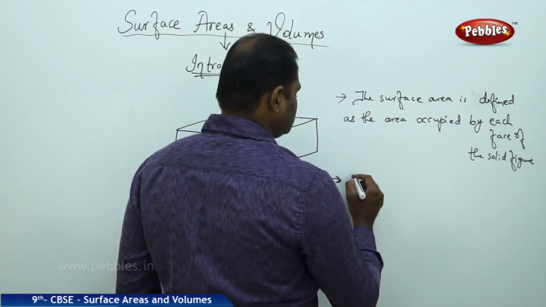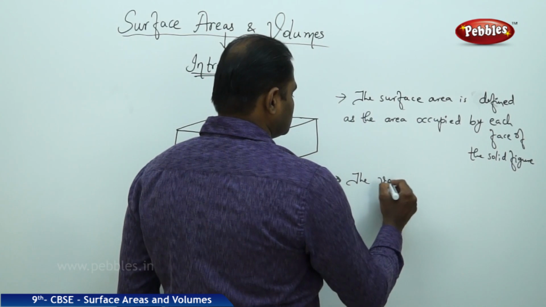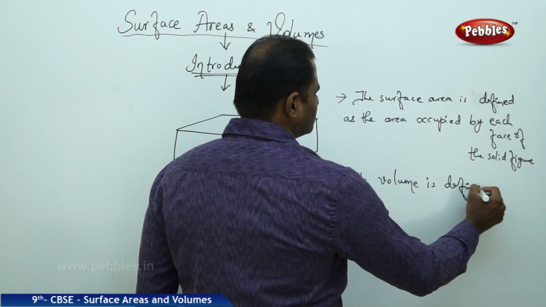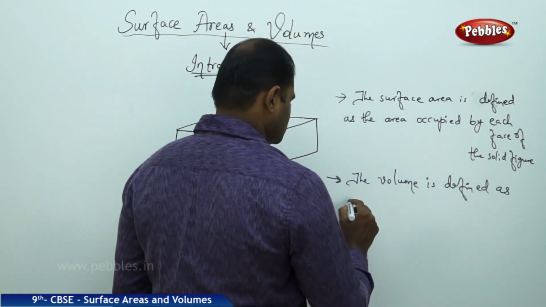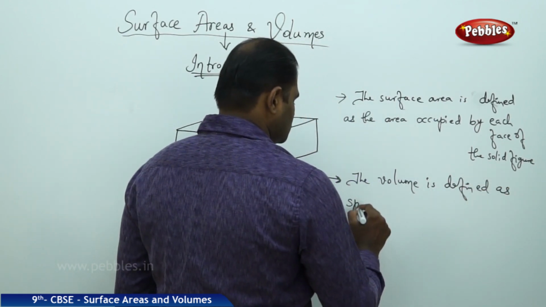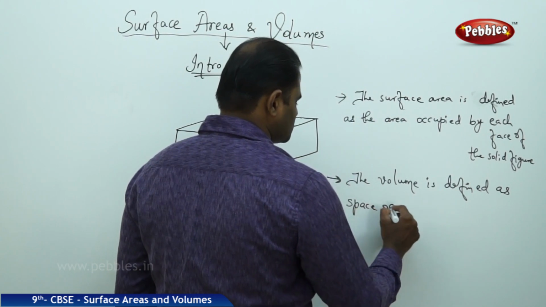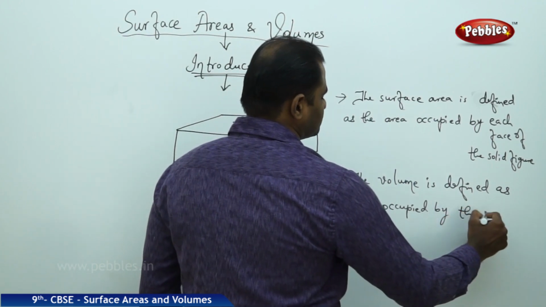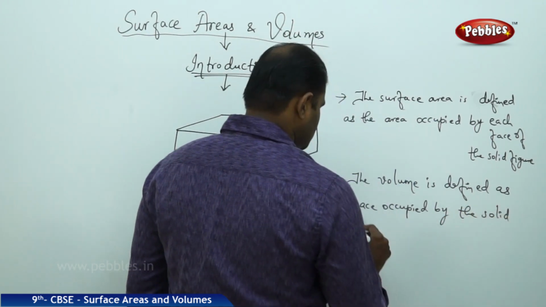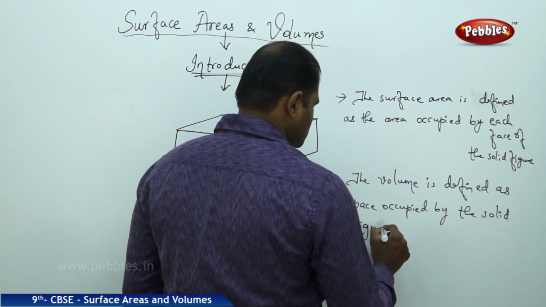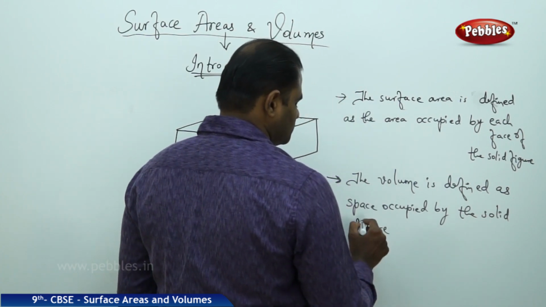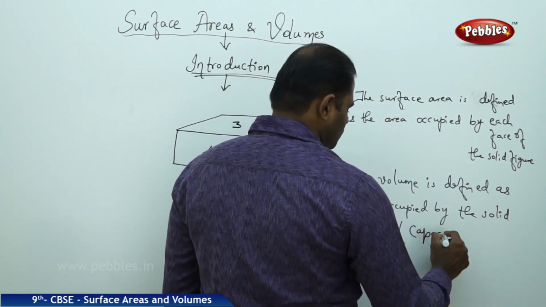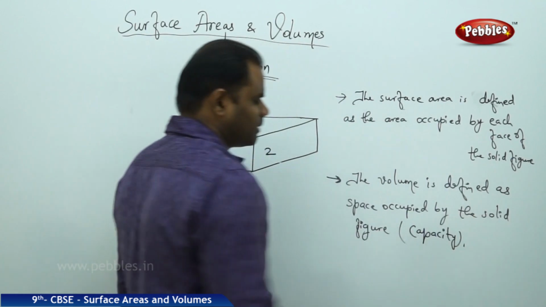So, in general terms, the volume is defined as the space occupied by the solid figure, or sometimes we also call the volume the capacity.